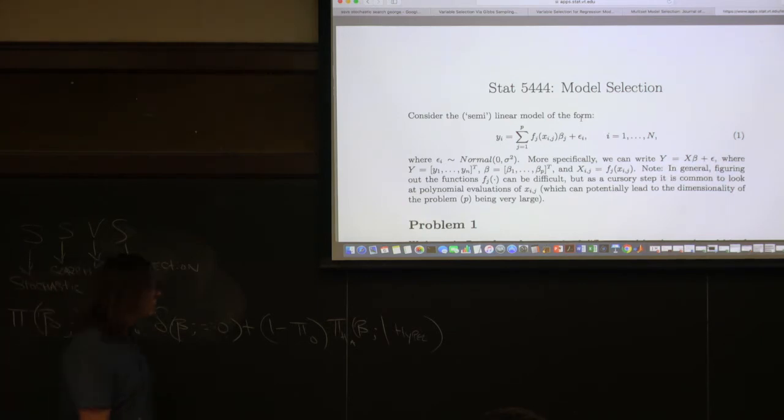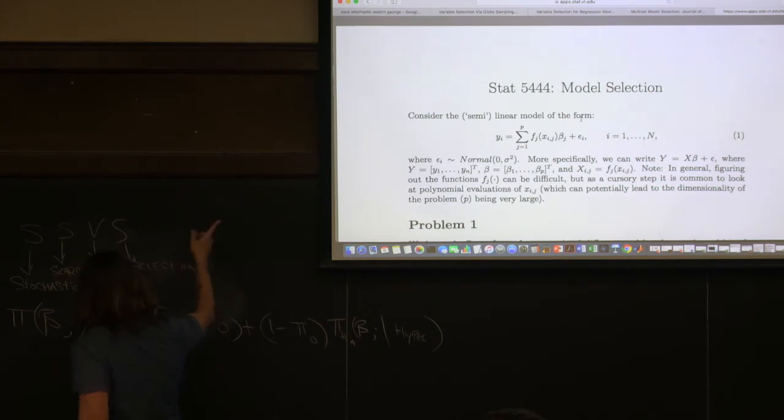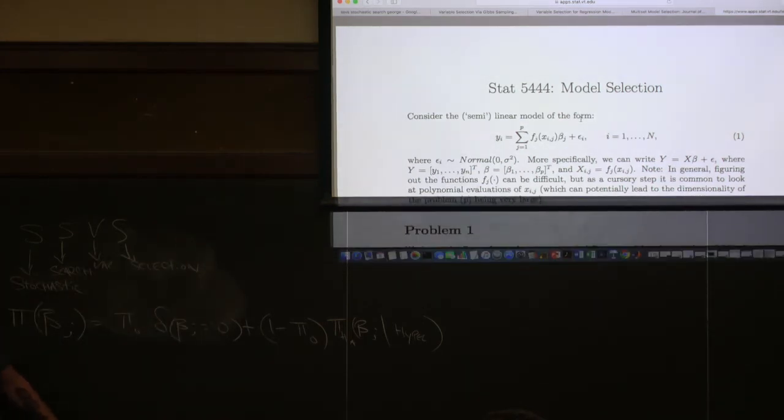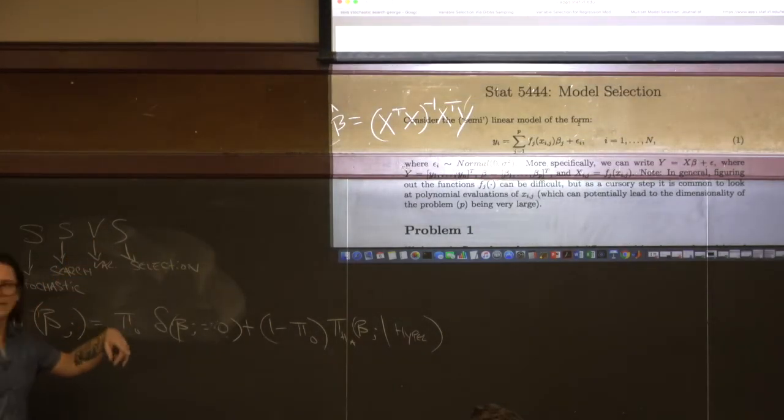Let's just keep in mind, if I did build in collinear stuff, that solution that we're always pointing to doesn't exist. It's not the MLE.